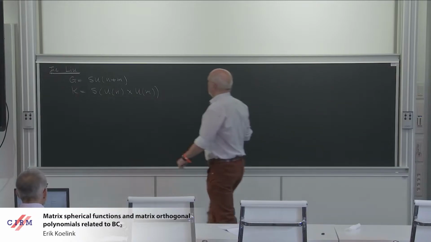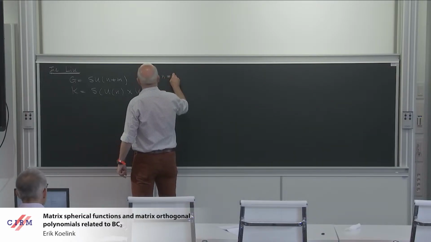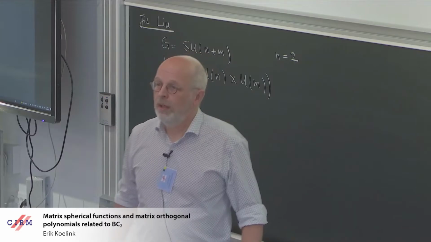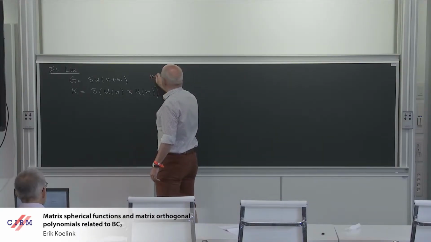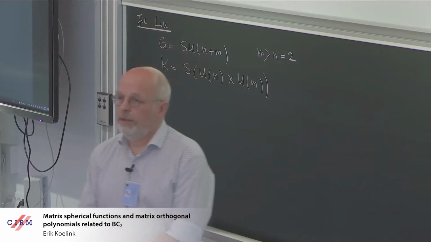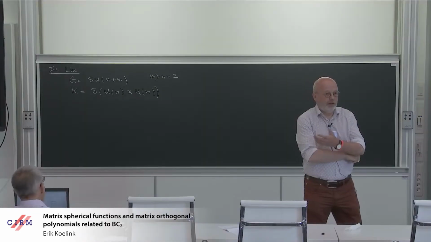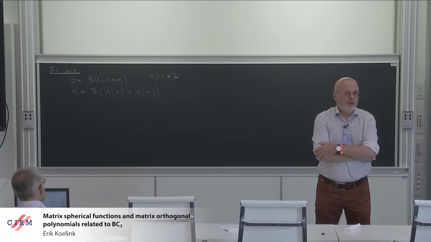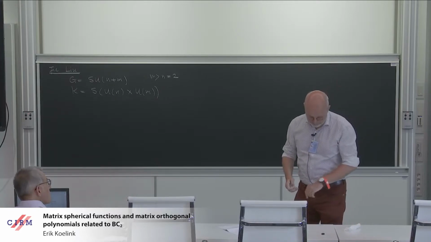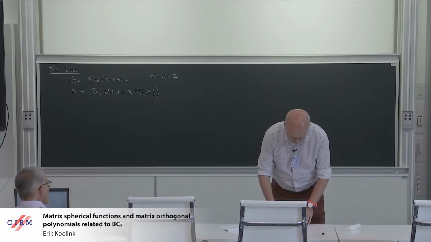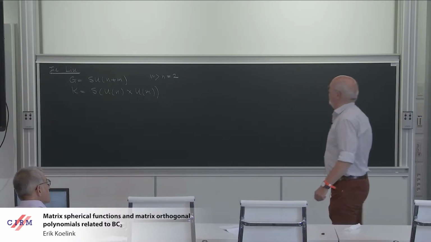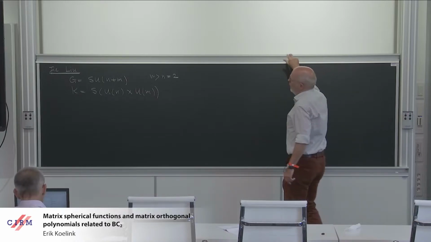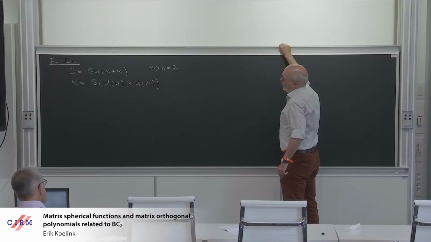Almost all of what I'm saying is in the case n equals 2, and of course m is bigger than n. This is the setup, but a lot of things actually hold true for more general symmetric pairs. I should keep an eye on the time as well. So what is it that we want to do?